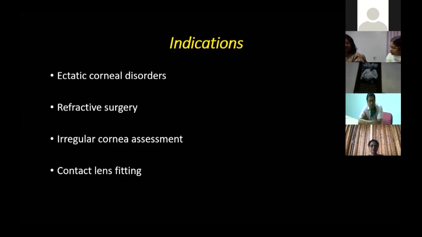So why do we need these curvature maps, or why do we need to be so much worried about the corneal curvature? This is basically done to assess refractive disorders, commonly corneal refractive disorders, to plan for refractive surgery and see the follow-up, to assess contact lens fittings, or to go for irregular corneal assessment and their progression in subsequent follow-up.